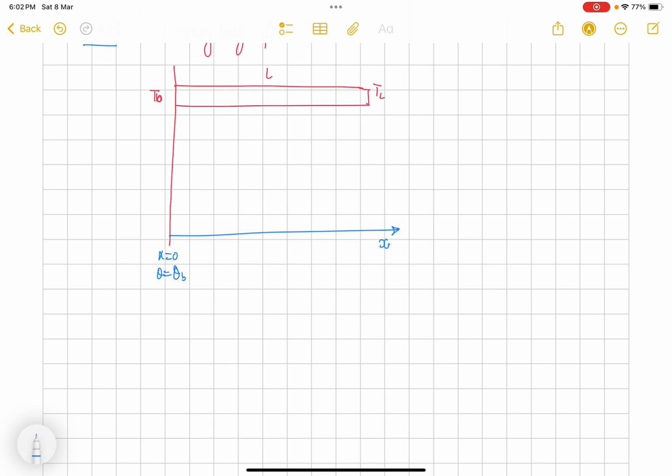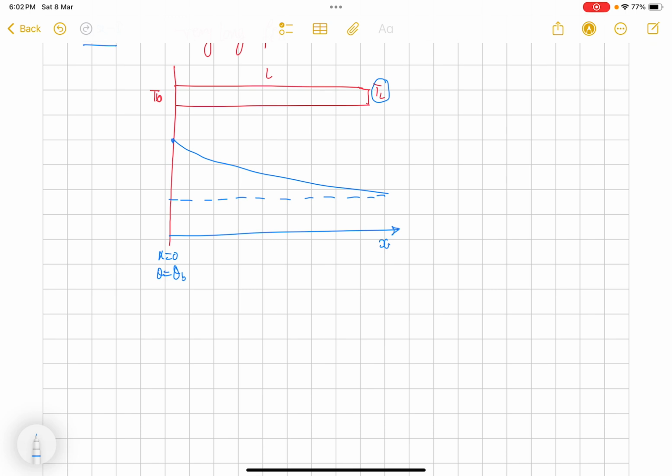Right. And temperature variation along the fin will be like this, right? So for a very long fin, the surface of the tip of the fin will assume the surrounding temperature. Alright, it means there will be no heat transfer from the fin tip to the surrounding, right?